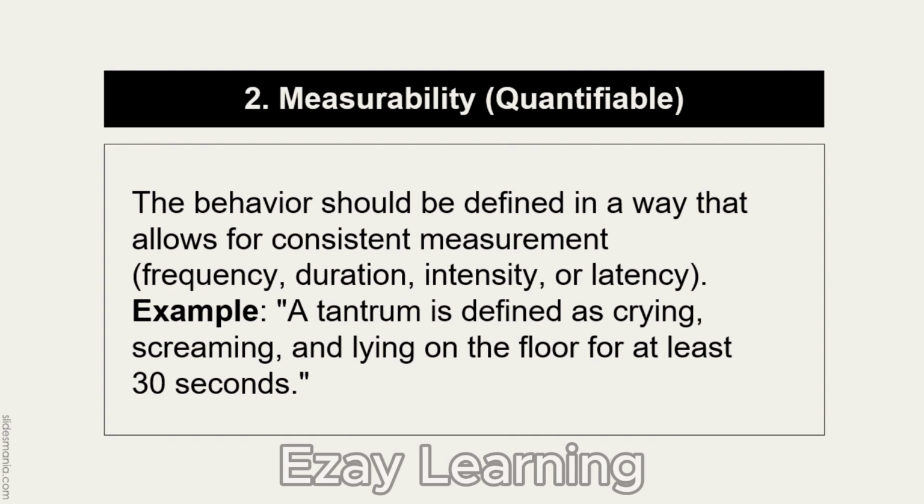So the crying, screaming, and lying on the floor are included in that behavior of that specific client, and it occurred for at least 30 seconds. You are explaining the frequency, duration, intensity, or latency, any measurable aspect of that behavior in your operational definition.